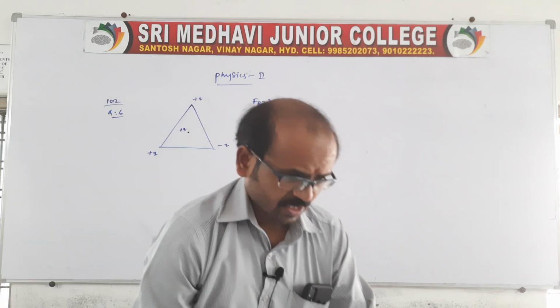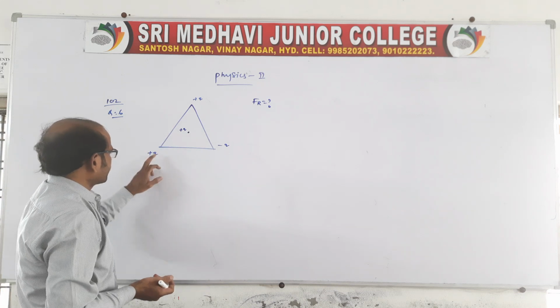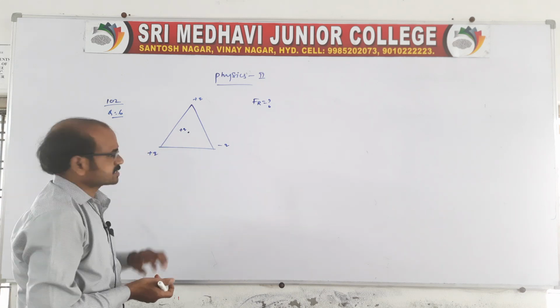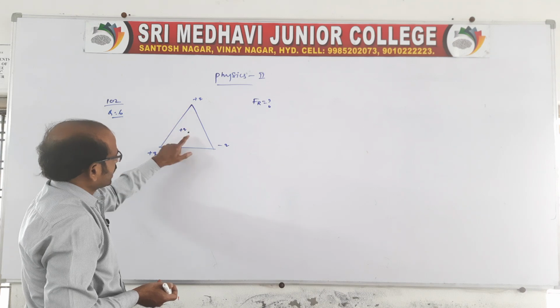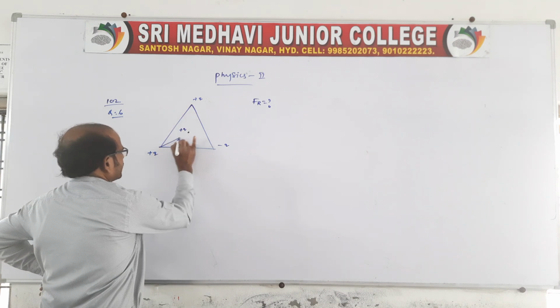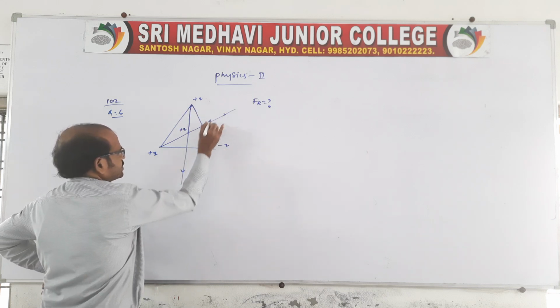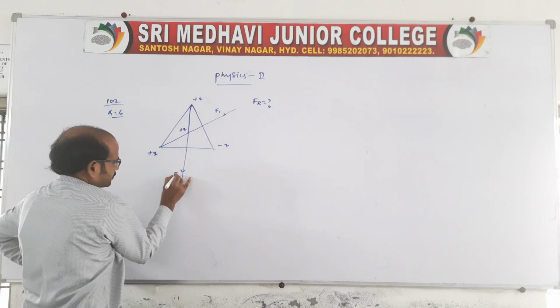I'll tell you like this. Here there is a positive charge, here also positive, and there is a negative charge. Of course the positive charges will repel like this, so there is a force F1 and F2.